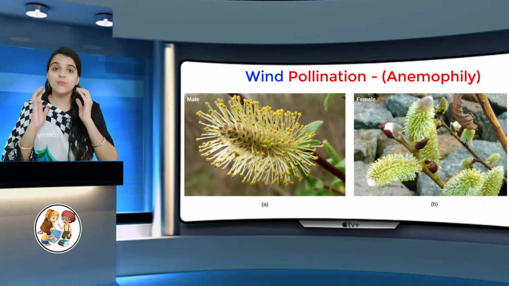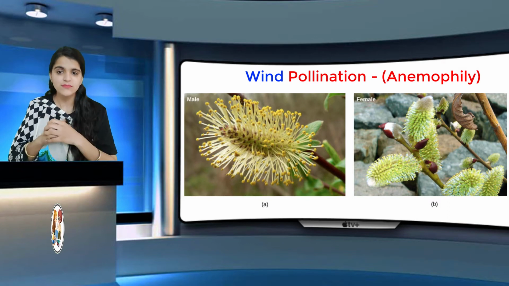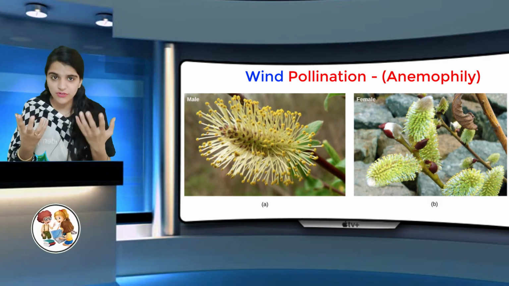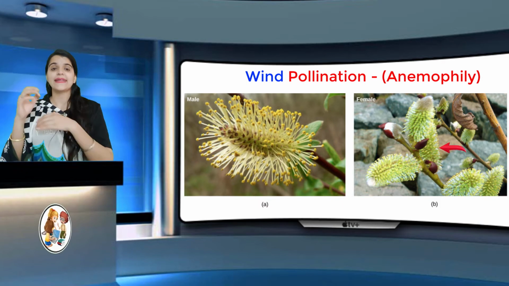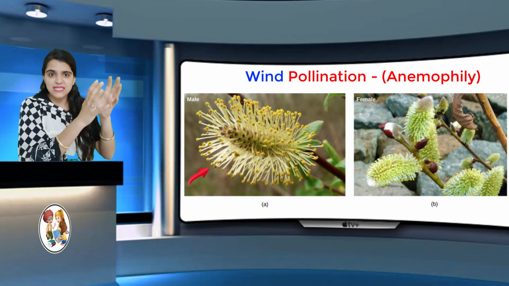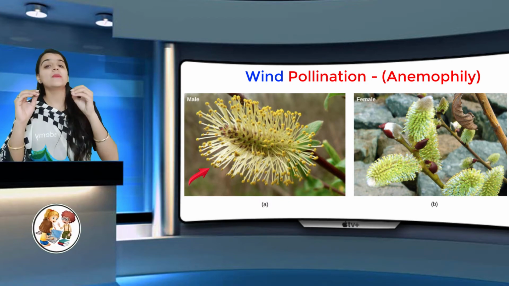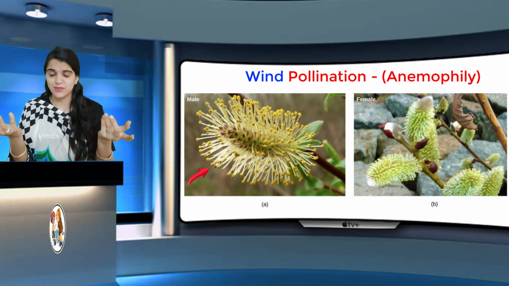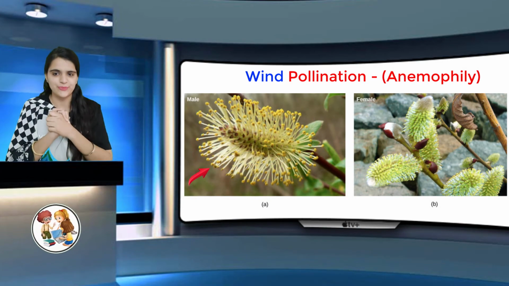They produce a large quantity of pollen grains, because the wind has to carry the pollen grains, so there are chances that some pollen grains will fall down during the wind. Some will land on other flowers, because wind is the one taking the pollen from one place to another, right?